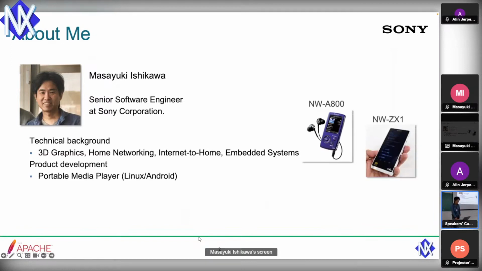For example, this 8800 is the first generation Linux-based platform, a portable media player released in 2007. And this DX1 is the third generation Android-based portable media player released in 2013, also supporting high resolution audio.